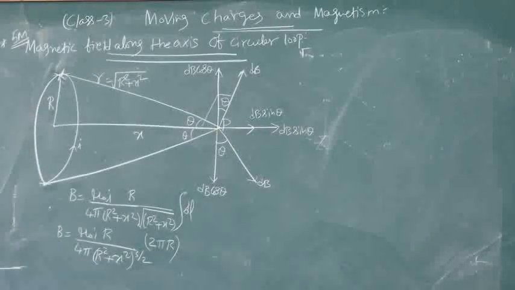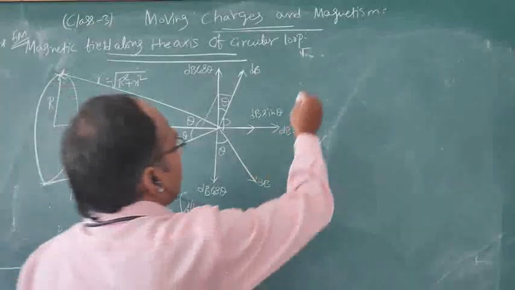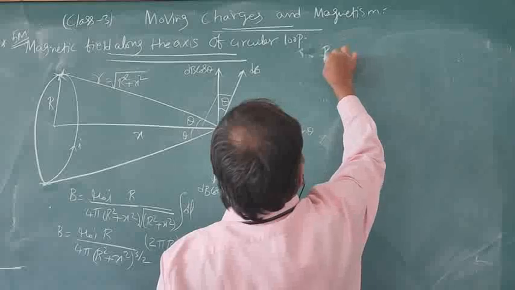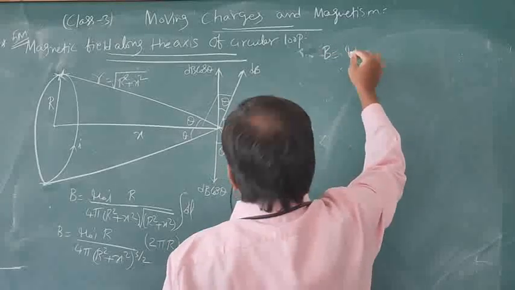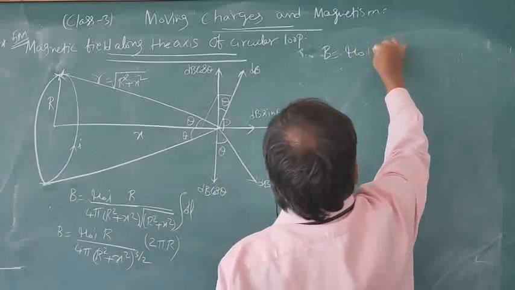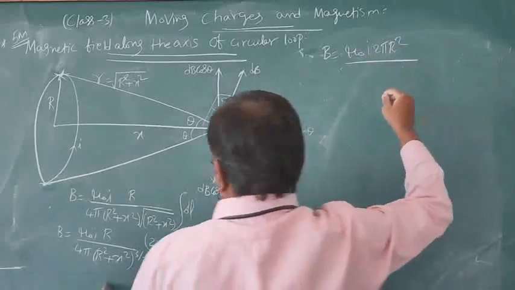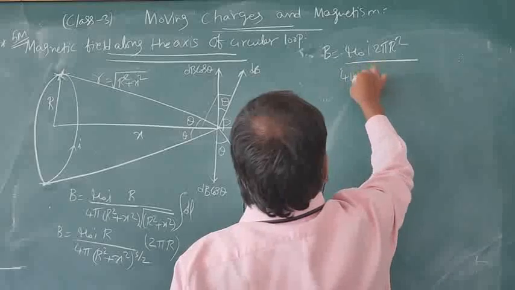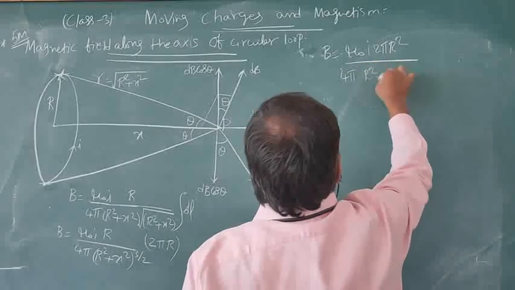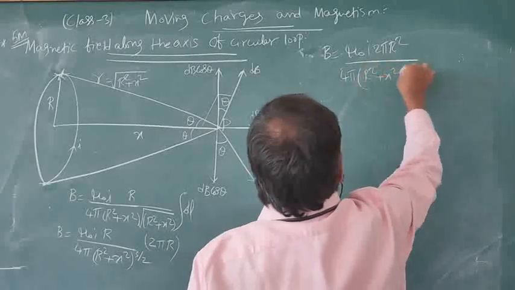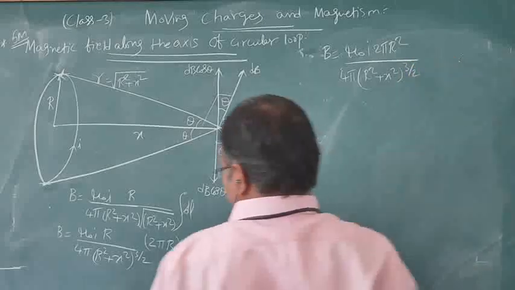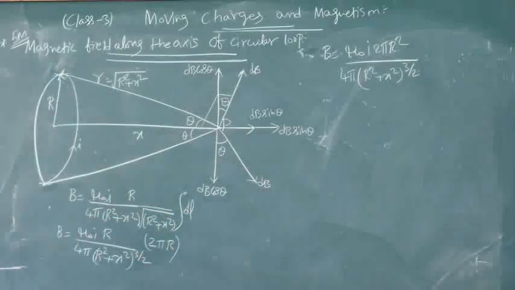Now what is the equation? From here, B is equal to mu naught I 2 pi r square divided by what should I write? 4 pi into (r square plus x square) whole to the power of 3 by 2. Okay.